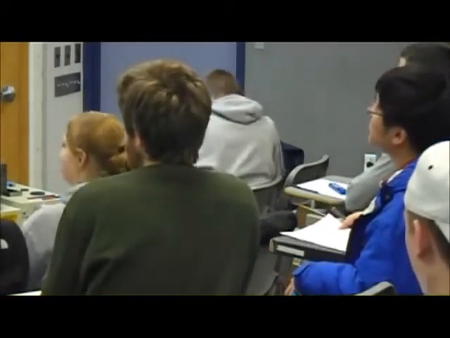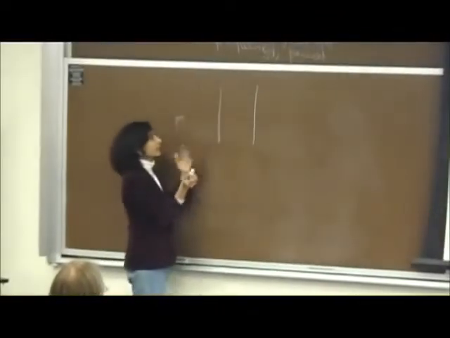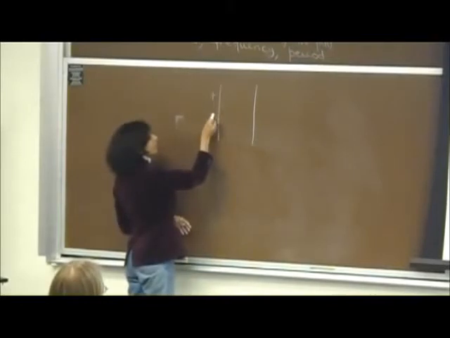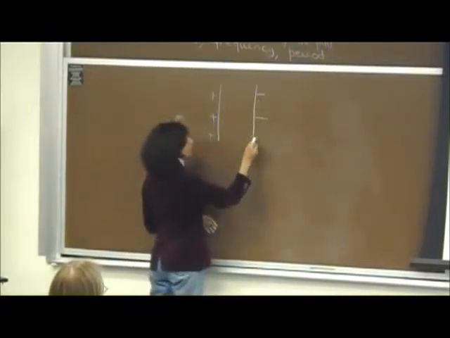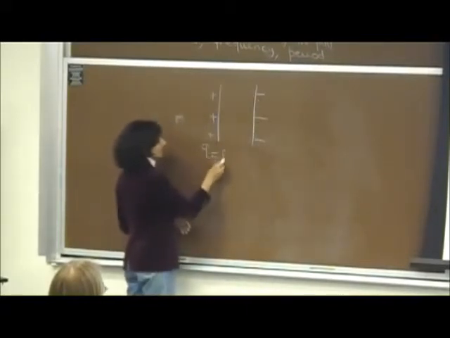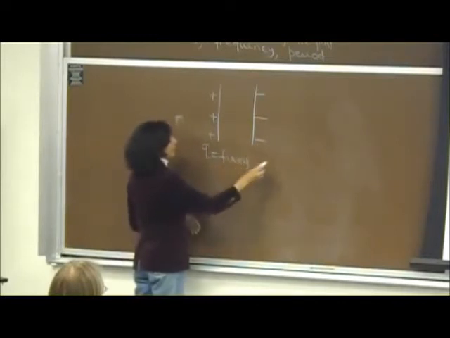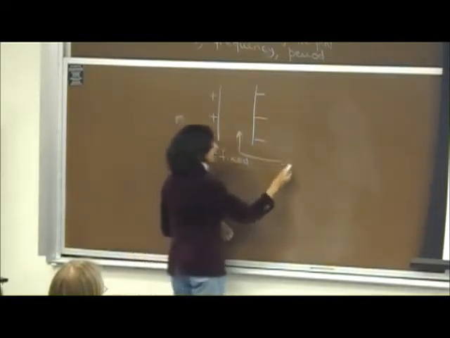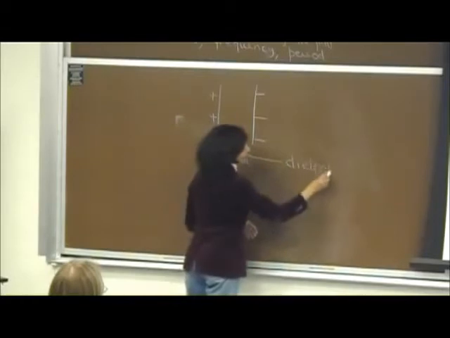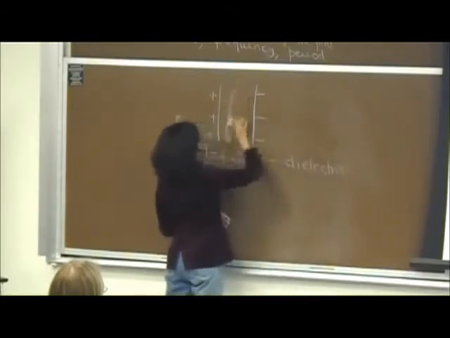All right, folks, that's it. Let's think about this together now. Let's say that we have a parallel plate capacitor. Here we are told that we have a fixed amount of charge, so Q is fixed. And now we are inserting a dielectric between the plates of the capacitor.